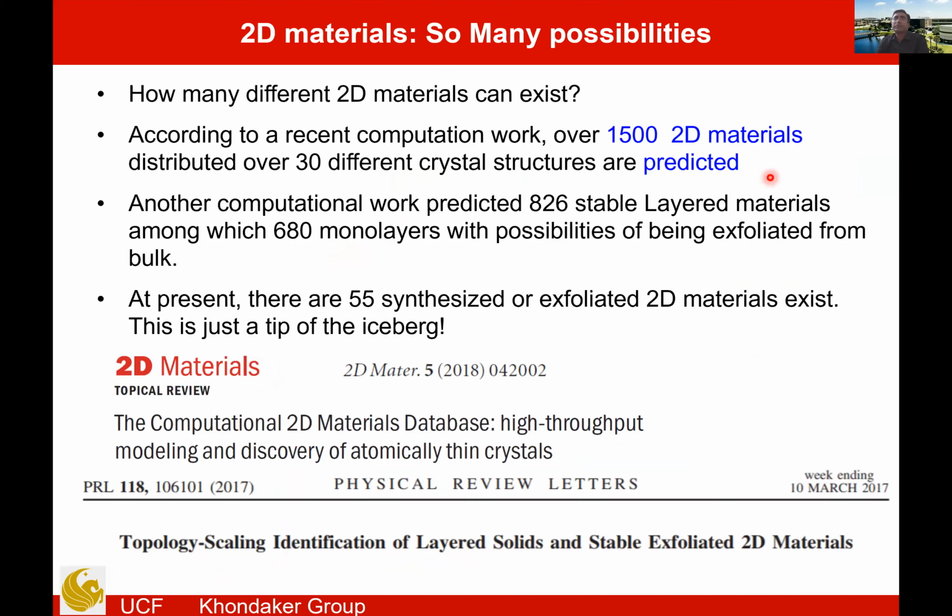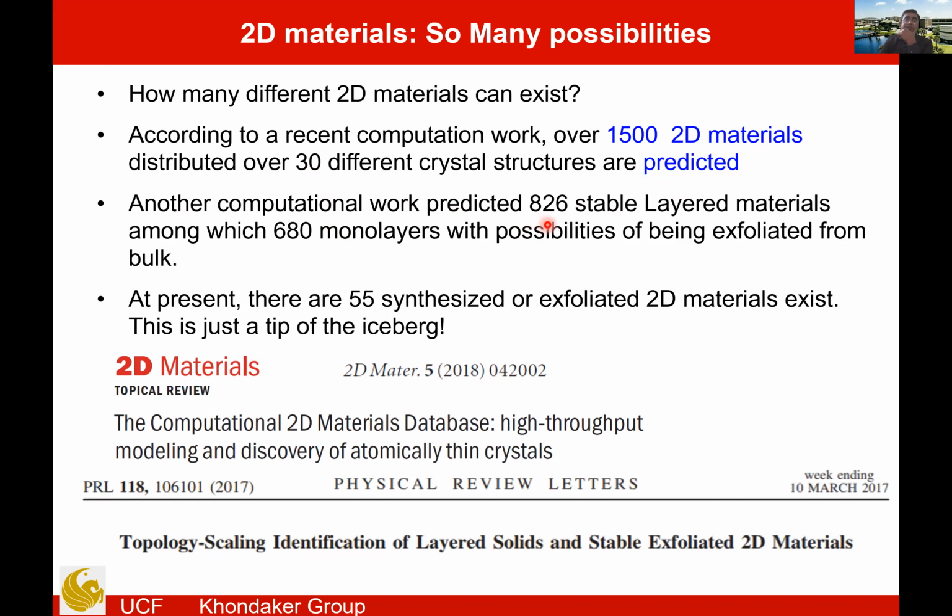So just to give you an example, okay? What are the different 2D materials? How many 2D materials can exist? And so we have to come back to the computational materials scientists. They tell us that you could have 1,500 2D materials that can have over 30 different crystal structures. But not all of them are stable.